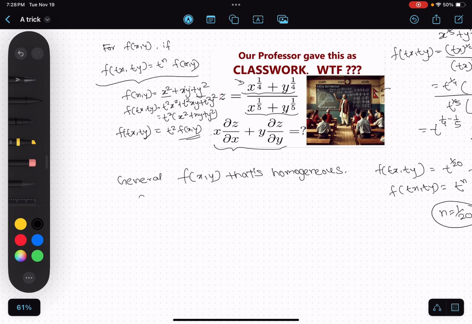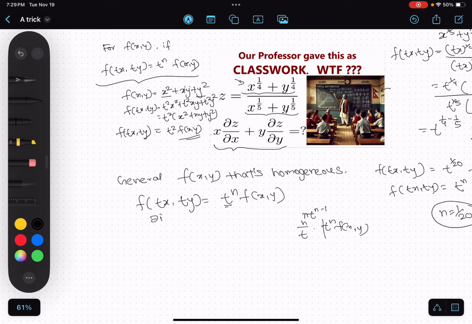We just learned that for a homogeneous function, f of tx comma ty will just be t to the power n times f of xy, right? Now, what we will try to do is differentiate both sides with respect to t, because if you try to do that, this will just be n times t to the power n minus 1, and again you can make it as n by t times t to the power n f of xy.